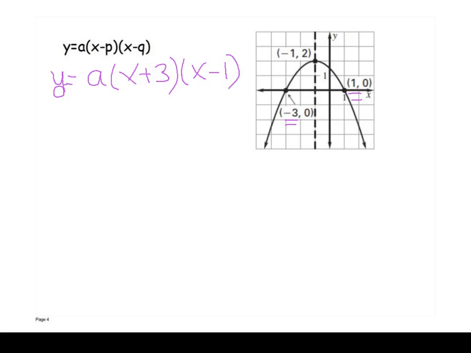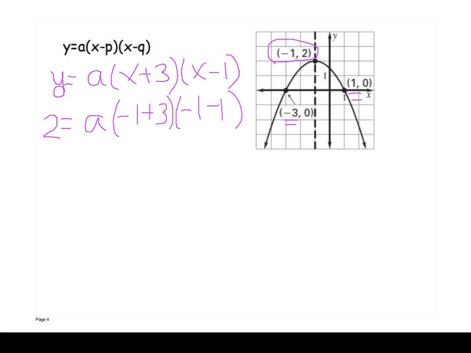Our next step is to choose a third point, and this graph gives us a point that we can use located at (-1, 2). So our y value is 2 and our x value is -1. So 2 equals a multiplied by (-1 plus 3) times (-1 minus 1).